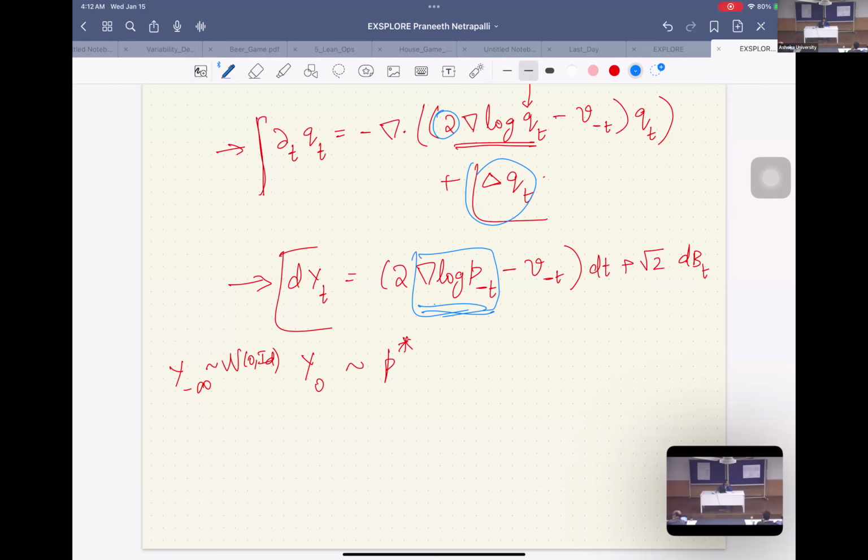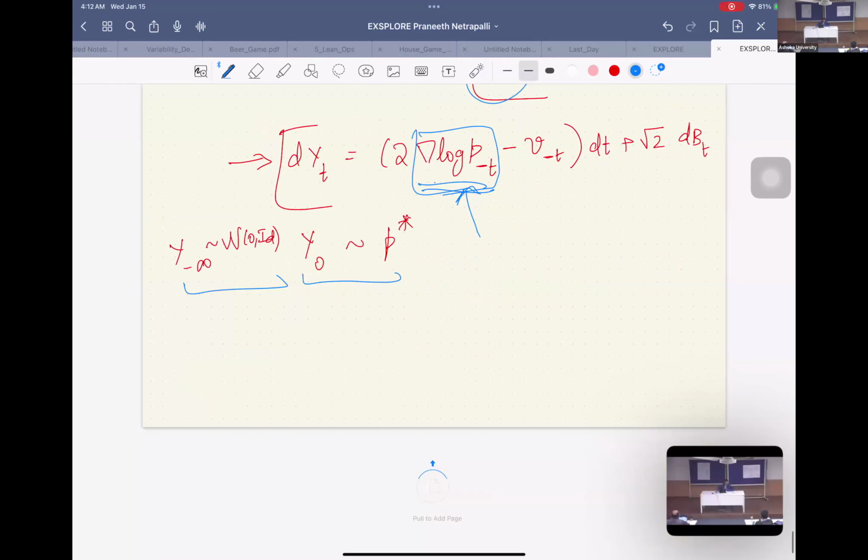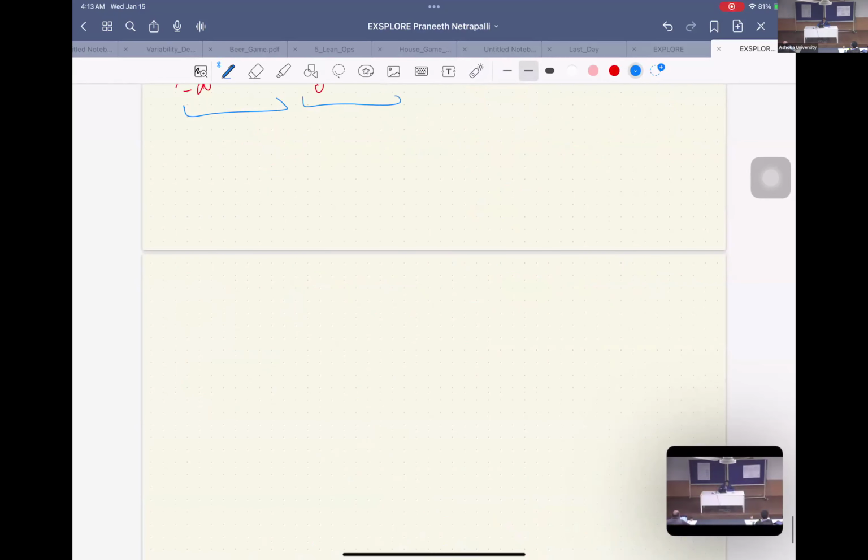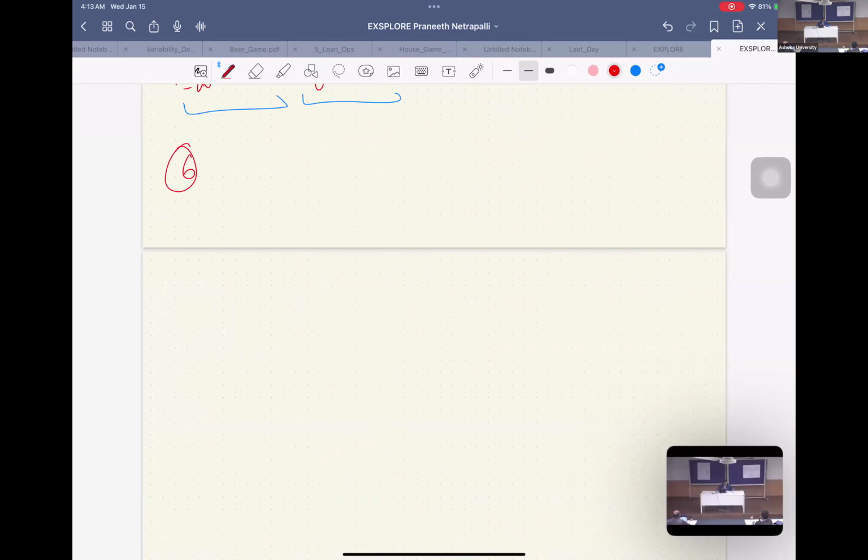Okay. So this is the reversal process, and what we know is that if we start from a standard normal distribution, then y0 will be distributed according to p star. So the only unknown at this point in being able to implement this algorithm is how do we compute this grad log p minus t, which is a score function of these intermediate things.